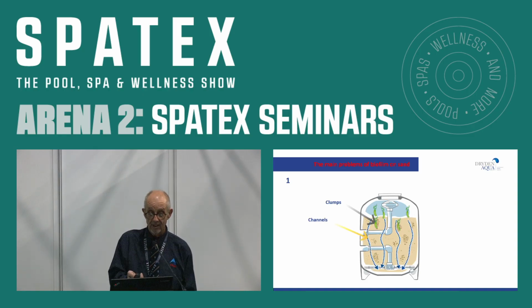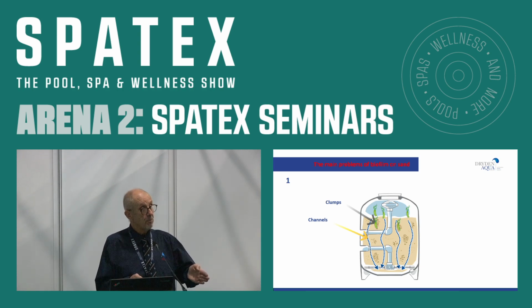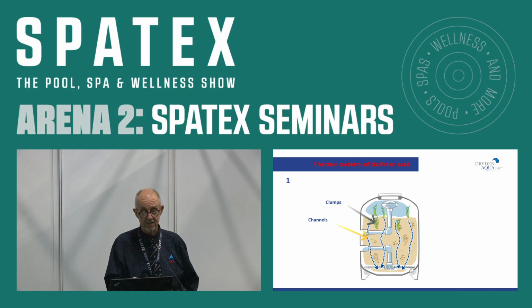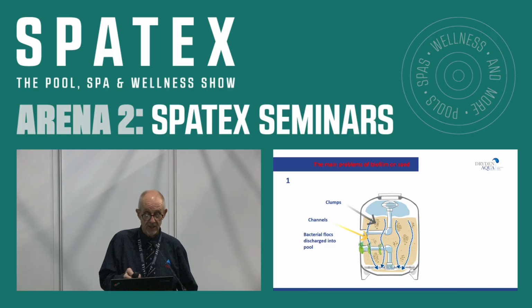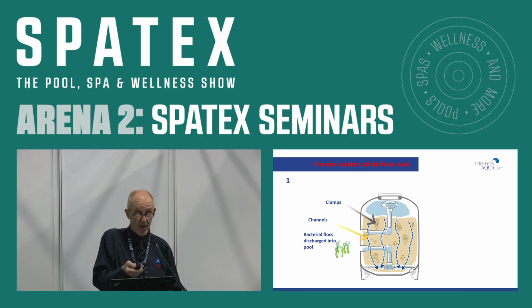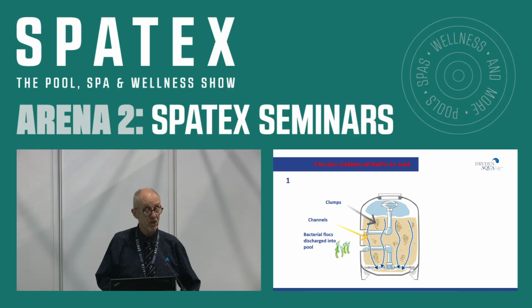Then you get channels in the actual filter so it doesn't work effectively. So your smaller particles can pass through the filter quite easily. And there you can see bacteria flocks will then eventually be discharged into the filtration system.